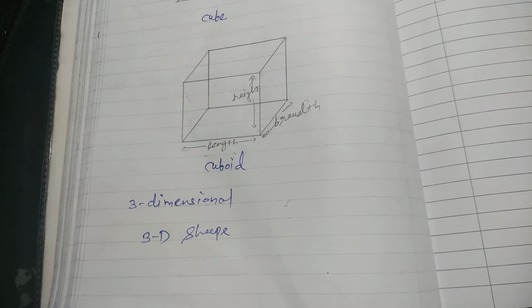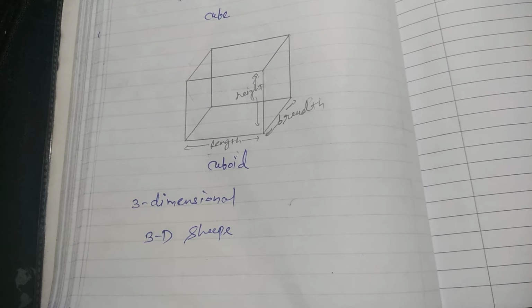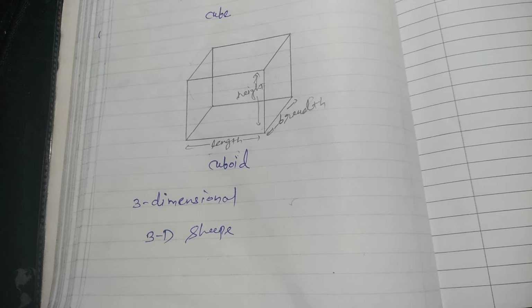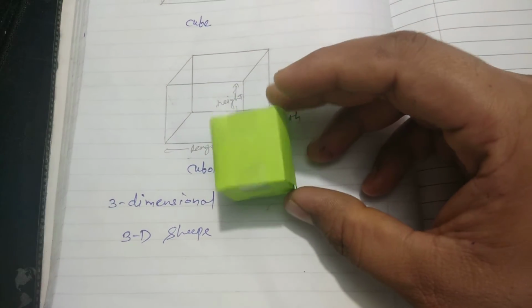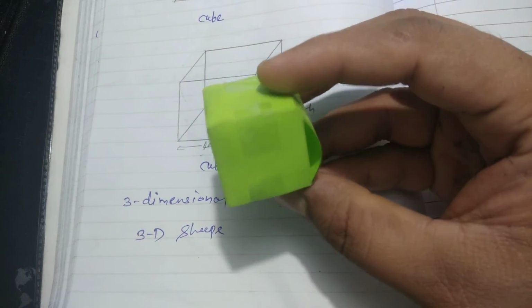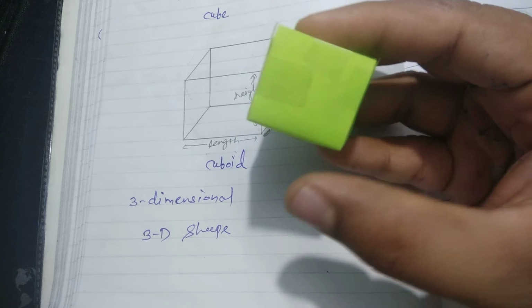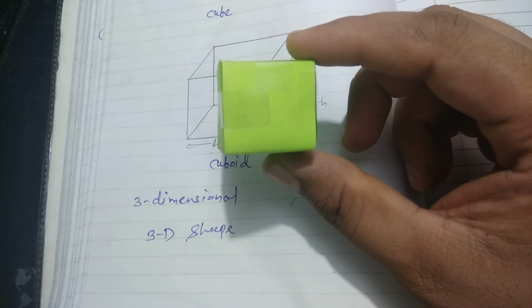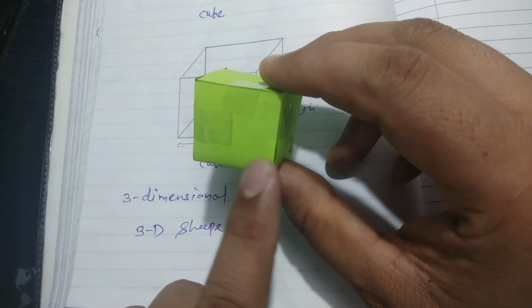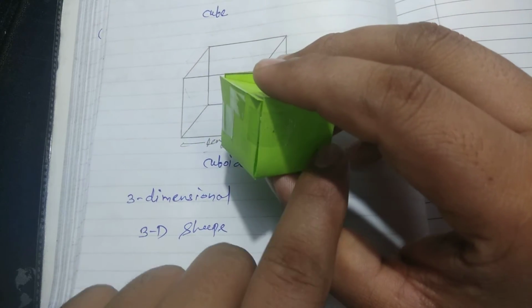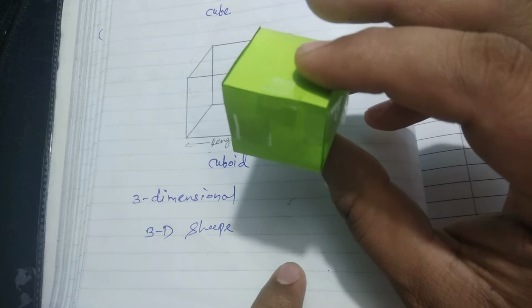Now, we have to visualize this shape. To visualize a shape, I have made this paper cube. This is an example of a 3D shape. A cube has 3 dimensions: length, breadth and height.